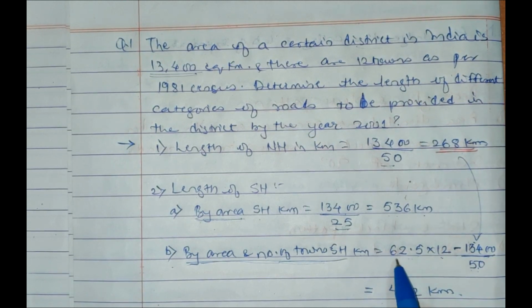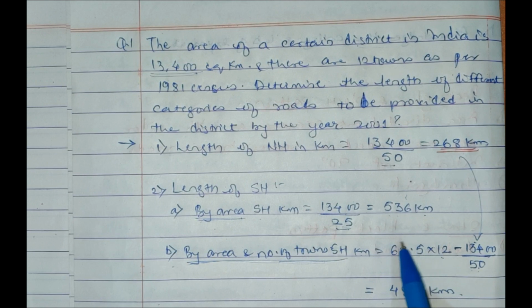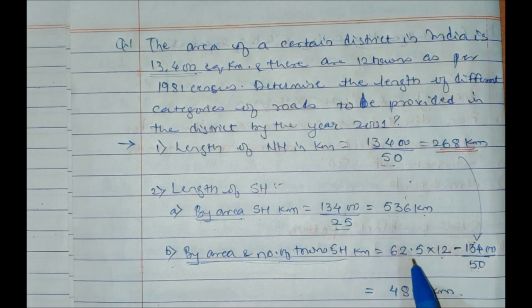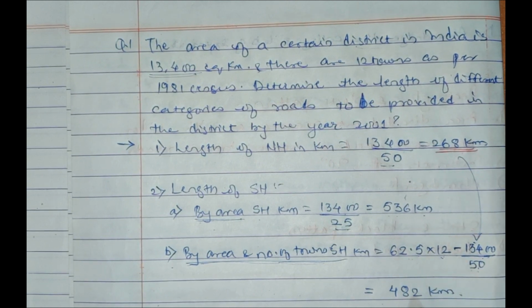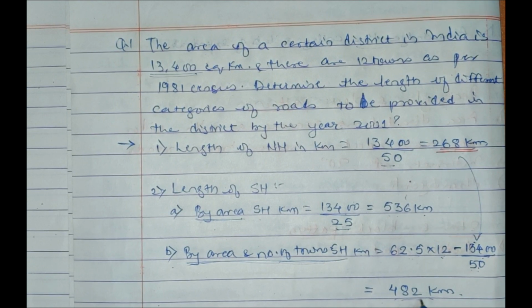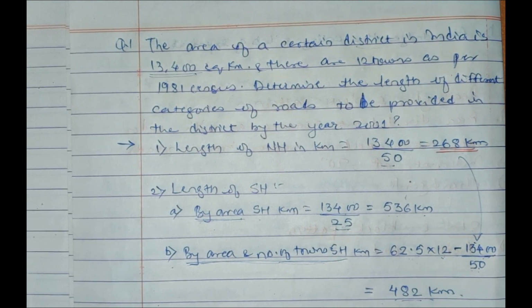As in this case, 62.5 multiplied by 12 will give us the total length of the national highway and the state highway. So substituting the national highway, we get the length of the state highway.